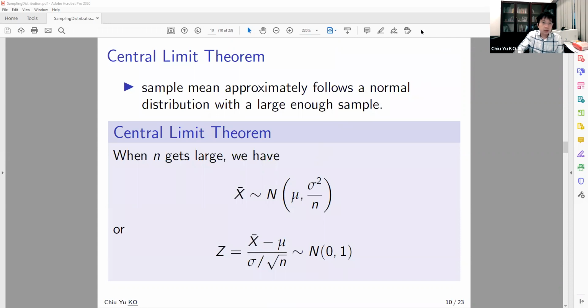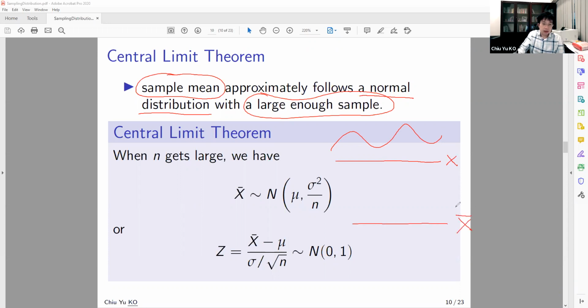What it means is the sample mean of a simple random sample has a normal distribution when you have a large enough sample, even though whatever you draw. The interesting part is, no matter what the population is, the sample mean is always a bell shape.